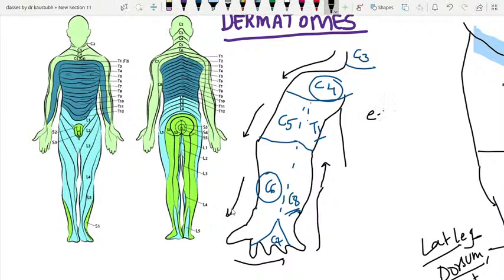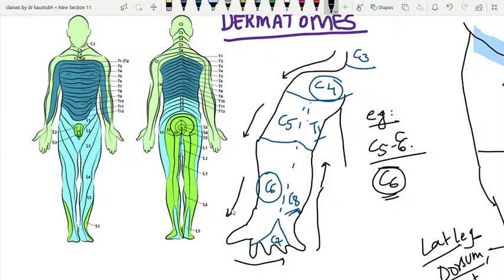Tell me which nerve will be the exiting nerve for C5 C6? It will be C6, right? Because I told you in the cervical region, the nerve above that specific vertebral level will be there. So C6 will be the nerve.